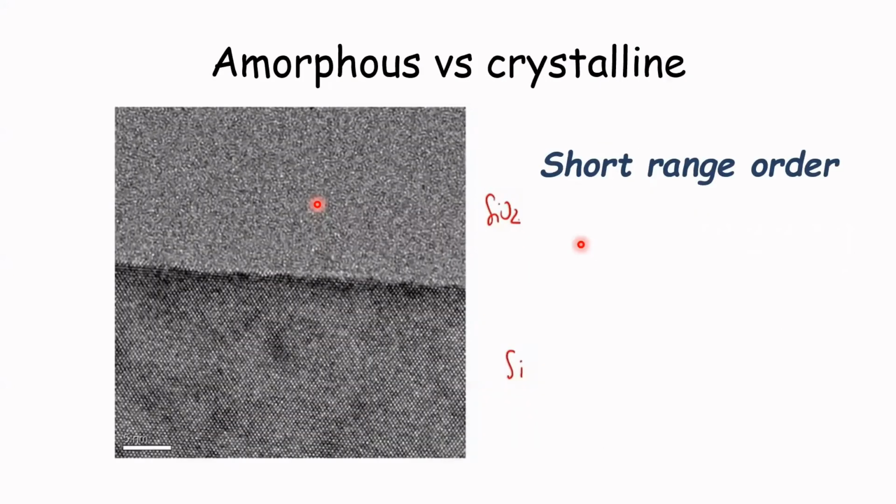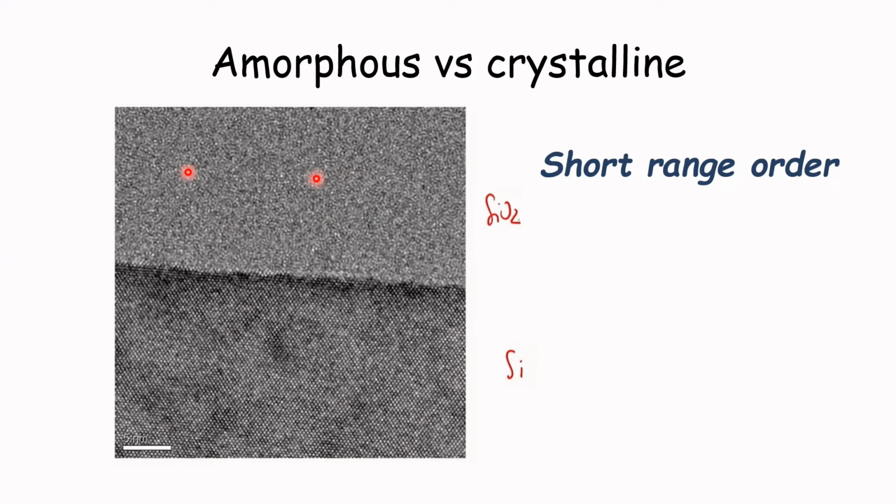And here we have amorphous versus crystalline. This figure shows you the differences between the crystalline and amorphous states. This is an example of a transmission electron micrograph of a structure composed of silicon and silicon oxide. In the case of silicon, you can see that the atom positions are periodically arranged.